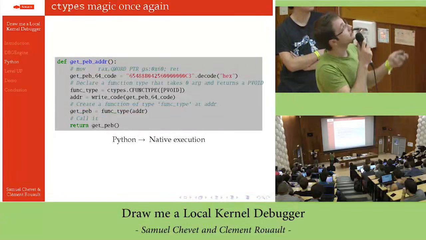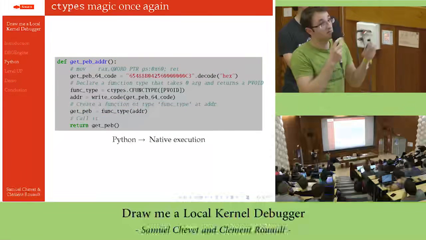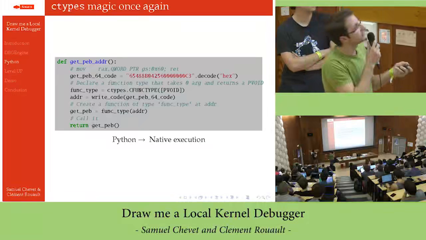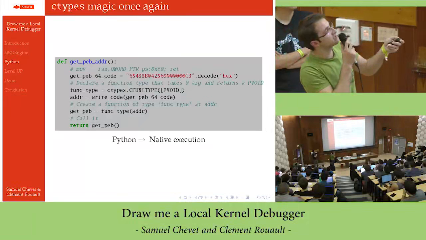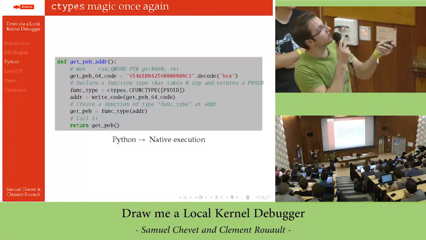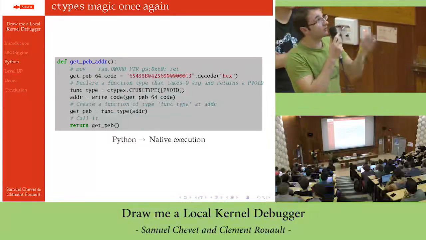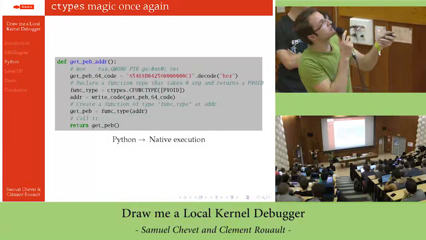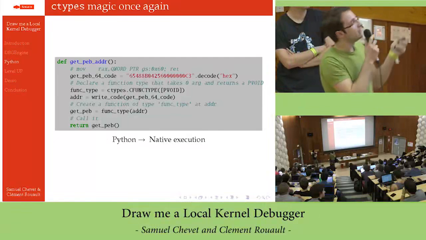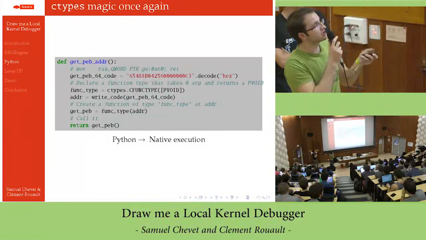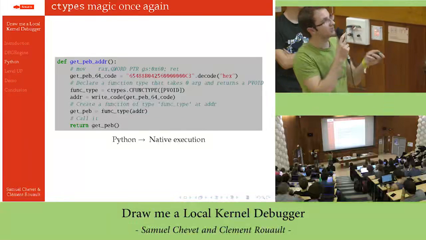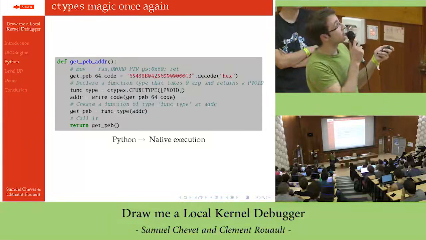The first line is the code to get the PEB address on 64-bit Windows. The PEB in 64-bit is at GS:60. So here we have the hexadecimal for the code, which is mov rax, gs:[60]; ret. We declare once again a ctypes function type that takes no argument and returns a PVOID.